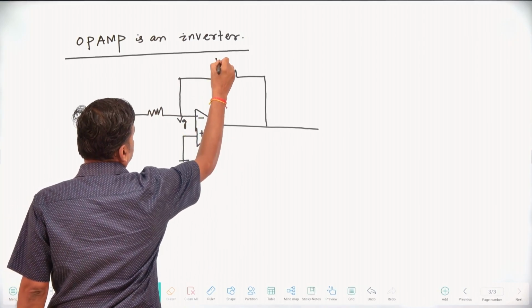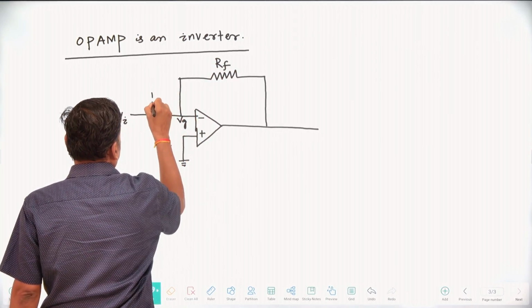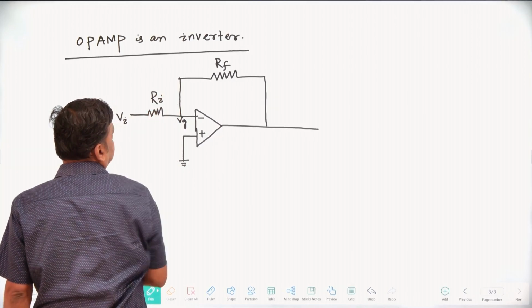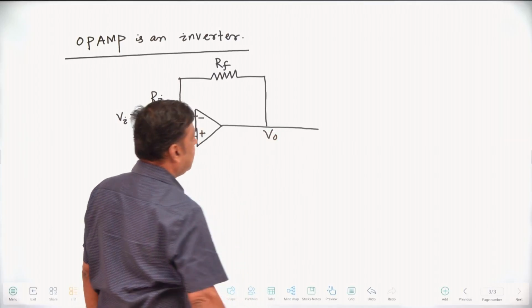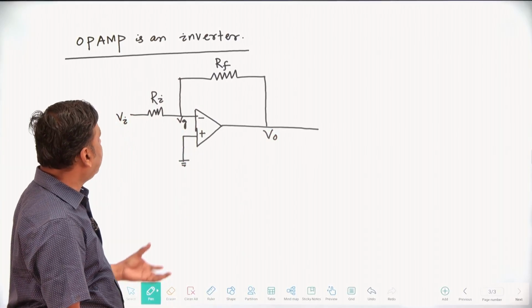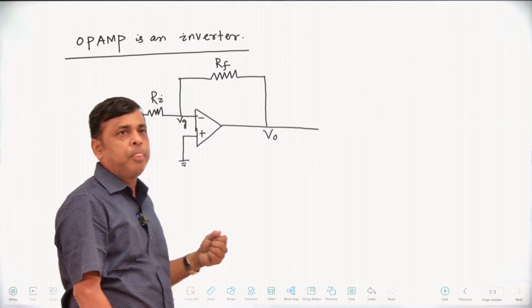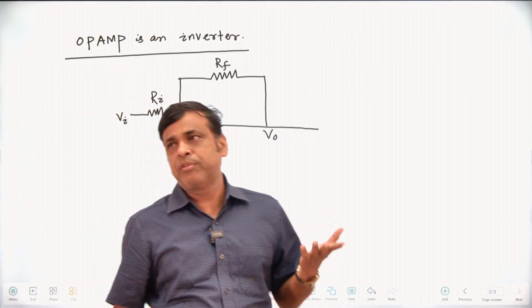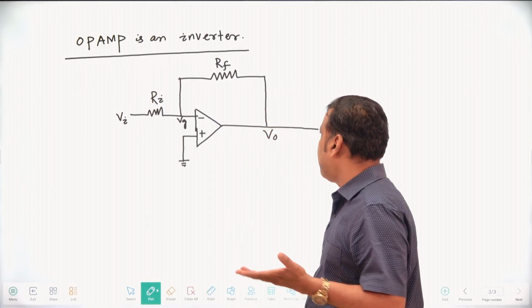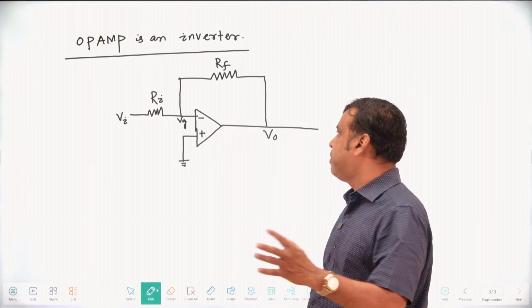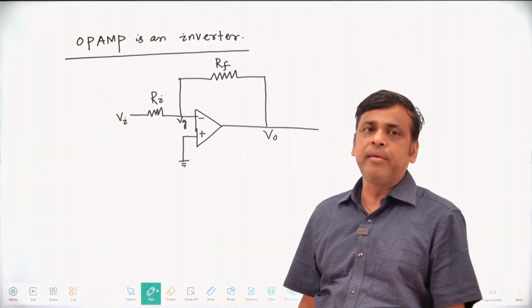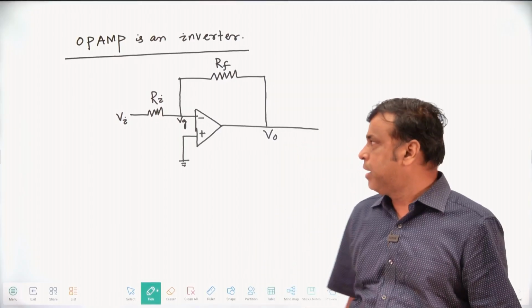This is your feedback resistor RF and this is your input resistance Ri. This is your output voltage V0. An inverter means inverting the input signal; the output voltage is V0 equal to minus Vi. If V0 equals minus Vi, we can say the op-amp is an inverter.